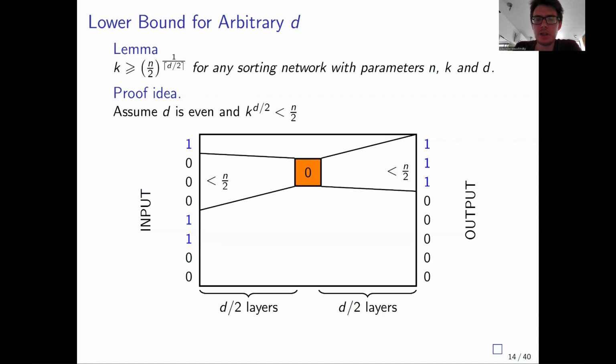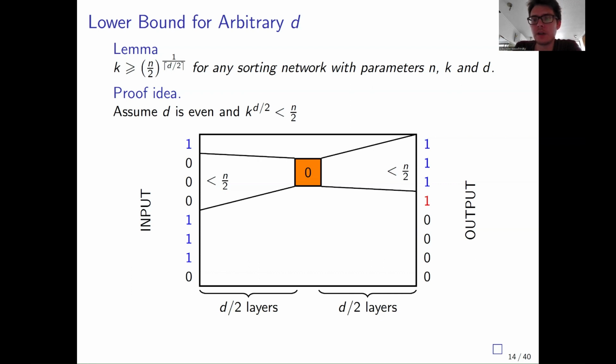This means that we can change the orange cell to 1, but then still the same red 1 should appear because the output column should be ordered.